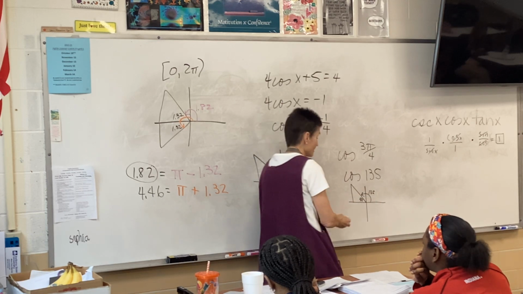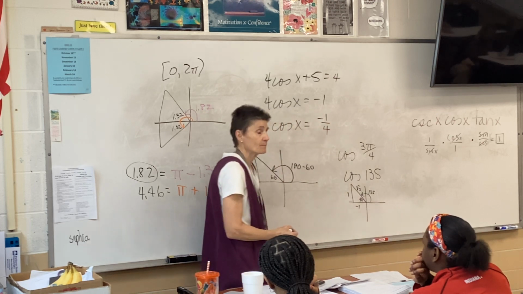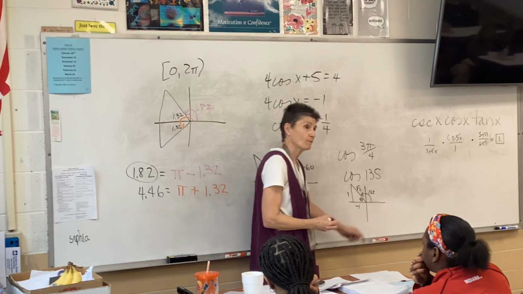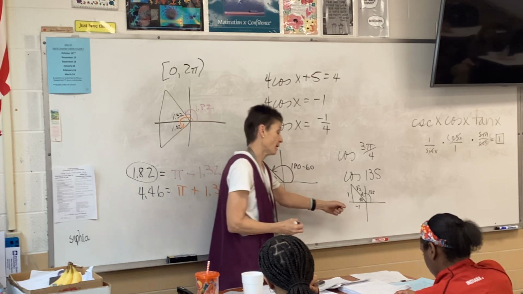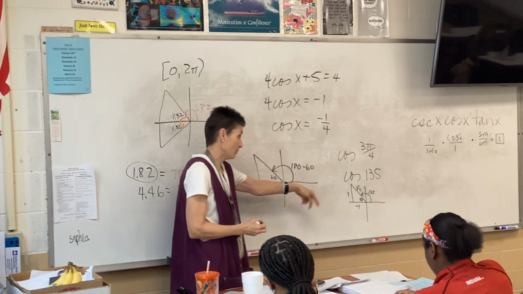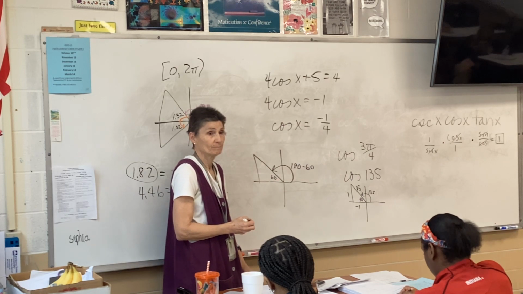I figured it out. So 1 over root 2 with a negative here, so negative 1 over root 2. Yeah, we need to know how to do that. All those kinds of problems like that, because we're going to use that a lot in the next chapter.